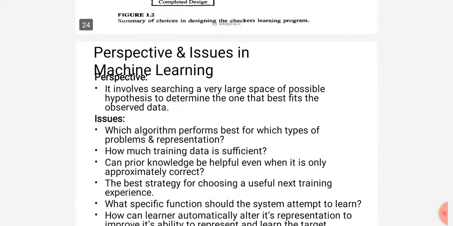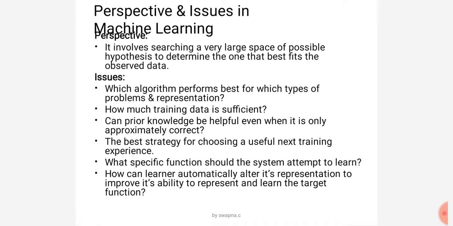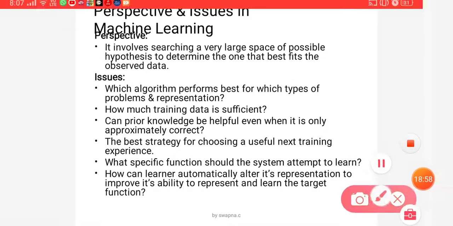Next topic is perspectives and issues in machine learning. What does perspective mean? It involves searching a very large space of possible hypotheses to determine the one that best fits the observed data.